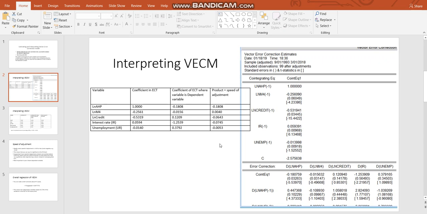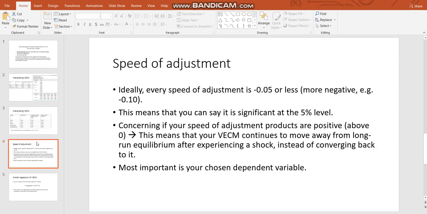So what we want is the speed of adjustment to be at least minus 0.05 or less. So in other words, more negative. Like say minus 0.1 is more negative than minus 0.05.